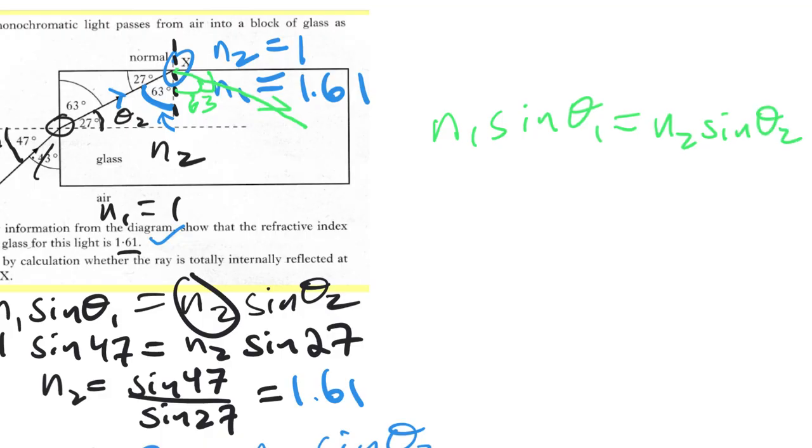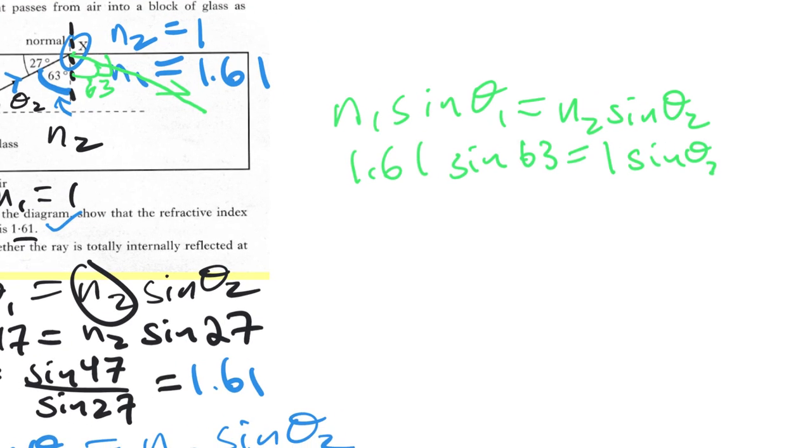And let's just see what happens. We'll put 1.61 here times sine of 63 equals n2, 1 times sine of theta 2.